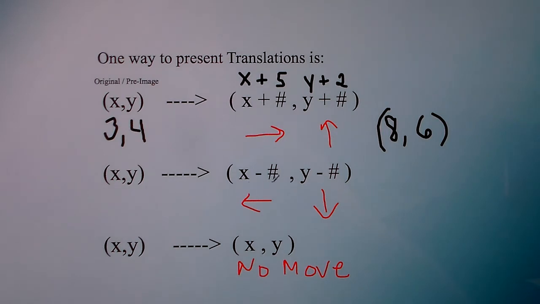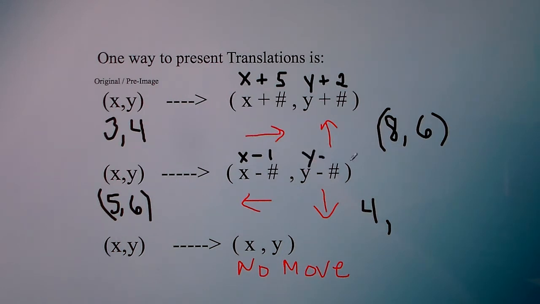Now if we do x minus a number, that means we're going to be moving left, and y minus a number means we're moving down. So if we have the coordinate (5, 6), and I want to say x minus 1, meaning I want to move it 1 to the left, I do 5 minus 1 to get 4. Now, y minus means we're going to be moving the picture down.